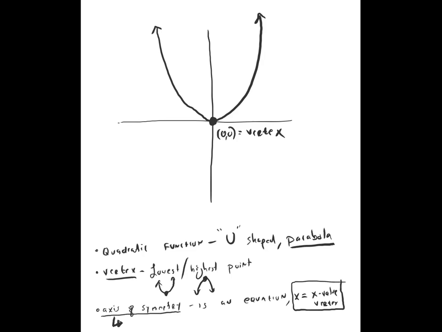It's just like this imaginary vertical line, and it's kind of like a mirror, where the left side equals the right side. That's how I like to think about it.